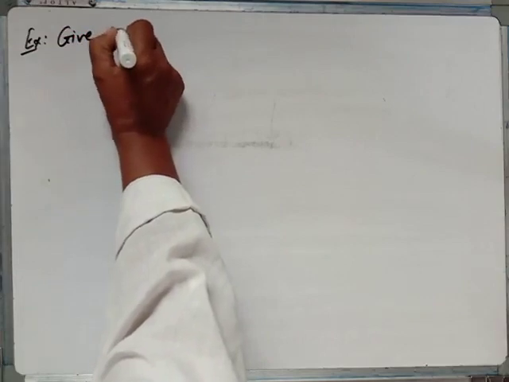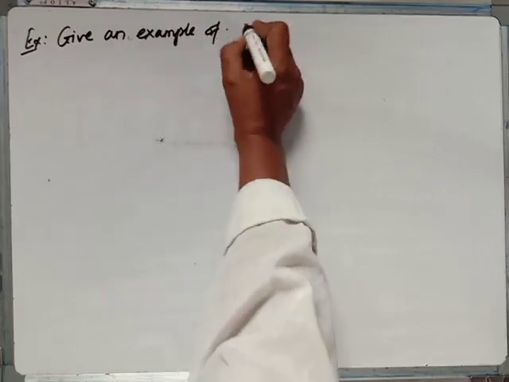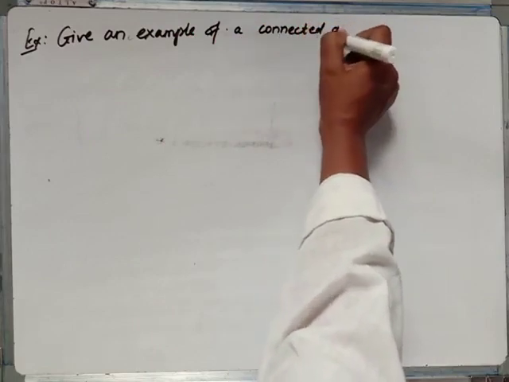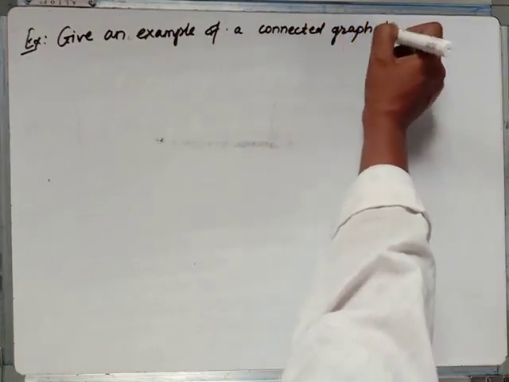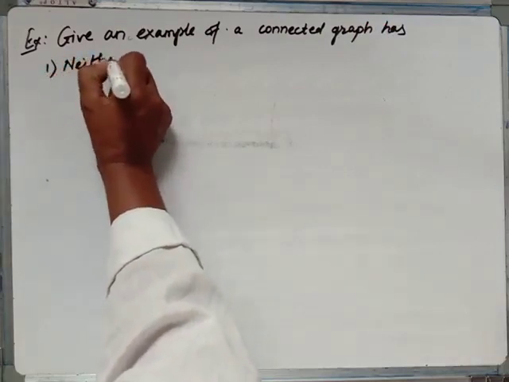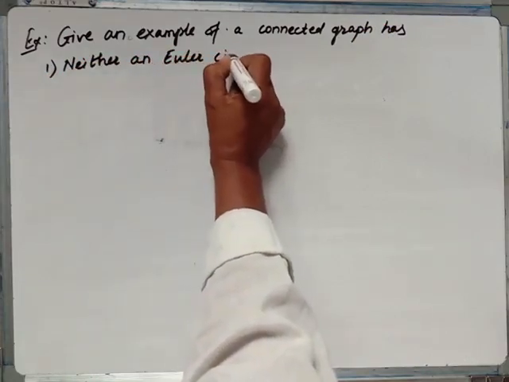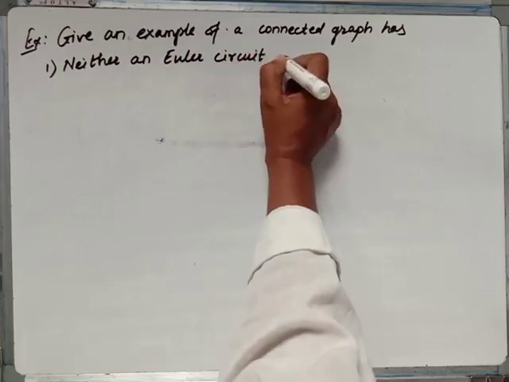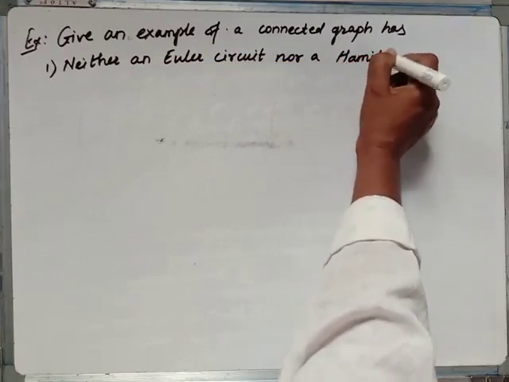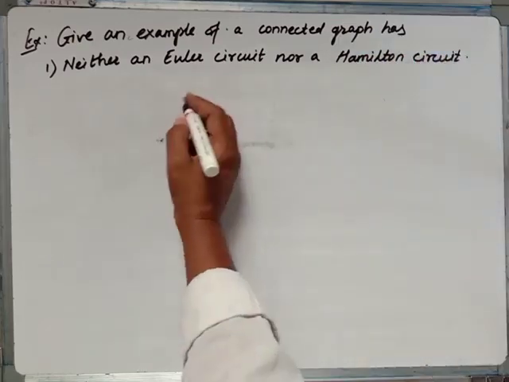Give an example of a connected graph that has, suppose first one, neither an Euler circuit nor a Hamilton circuit. Suppose we have to give an example of such a graph which doesn't have these.